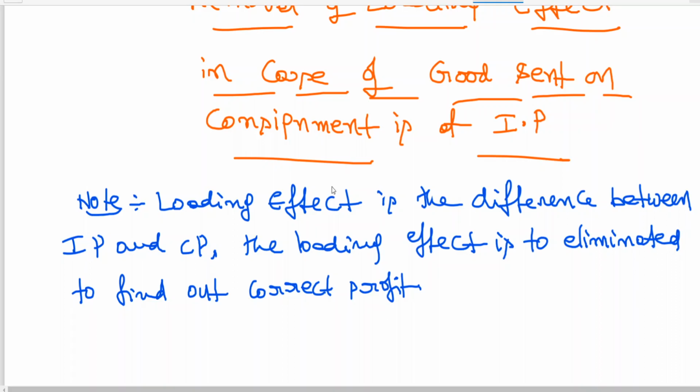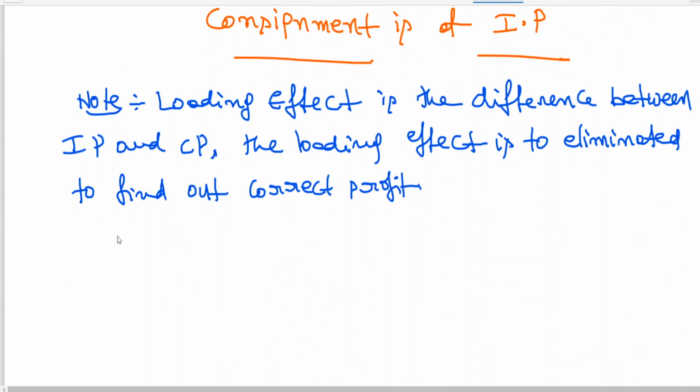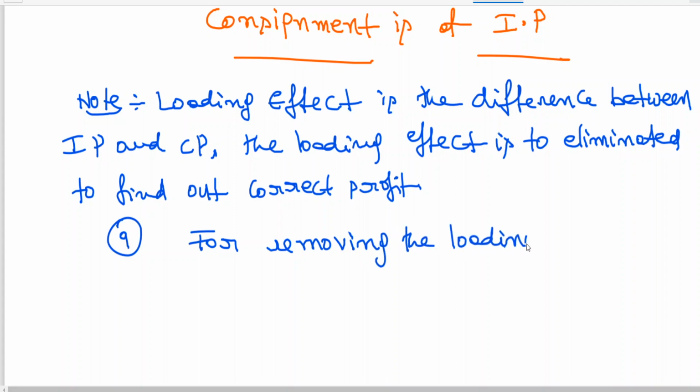So the entry here, I am continuing the entry number, which is the ninth one. I am giving total information; depending upon the problem situation, you can work out. For removing the loading on goods sent on consignment, I'll be telling you, my dear friends, this logic will be important for branch accounts; you will understand well when you understand the consignment concept.